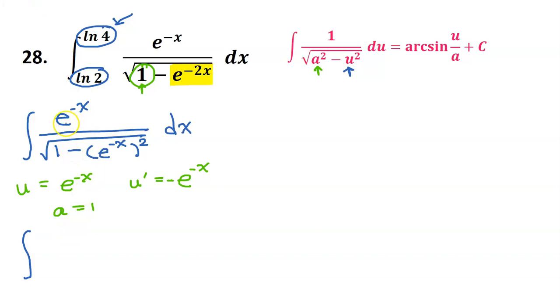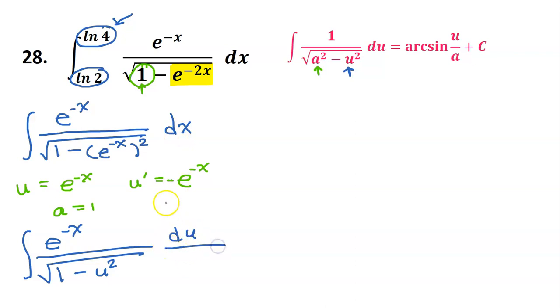Anyway, I have e to the negative x power, and then I have the square root of 1 minus u squared. Instead of dx, I will write du over u prime, which is negative e to the negative x power. So negative e to the negative x power.